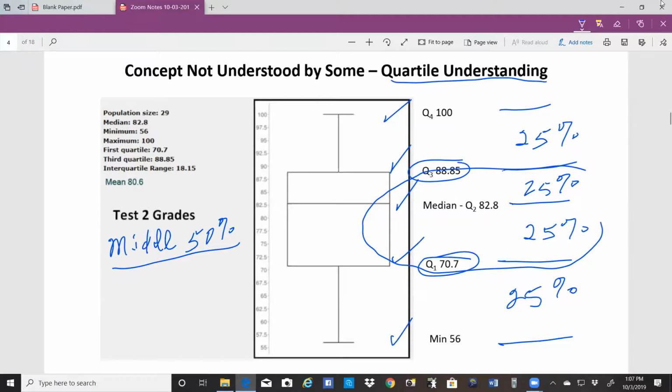This is not the question that was on the test. It had to do with something that was not grade related. But the top 25% were between 88.5 and 100, etc. And so there were maybe 4 or 5 students that had a little problem interpreting this.